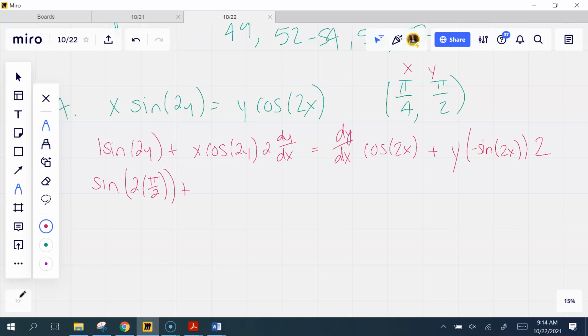I know y'all. Pi over 4, cosine. dy/dx. This is where you're gonna have to know your unit circle.